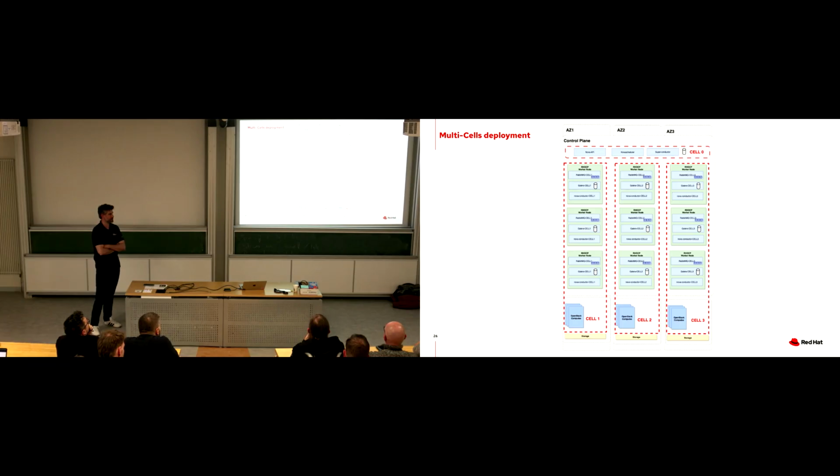On top of that, we have cell 0, and cell 0 contains some Nova services which are not per cell, which are stretched across cells, right? So we have Nova API, Nova scheduler and superconductor, and we have a central database containing all the information of all OpenStack services. So this is the concept of cells.